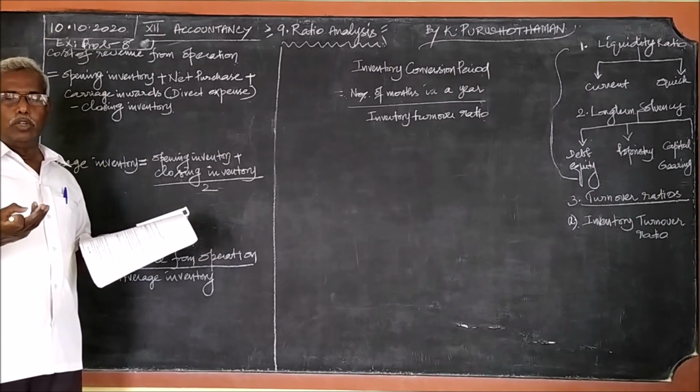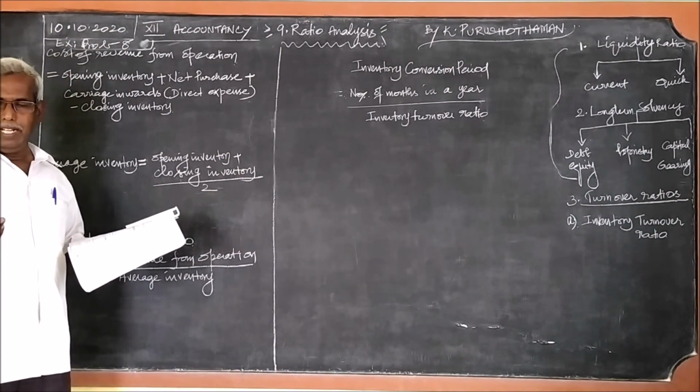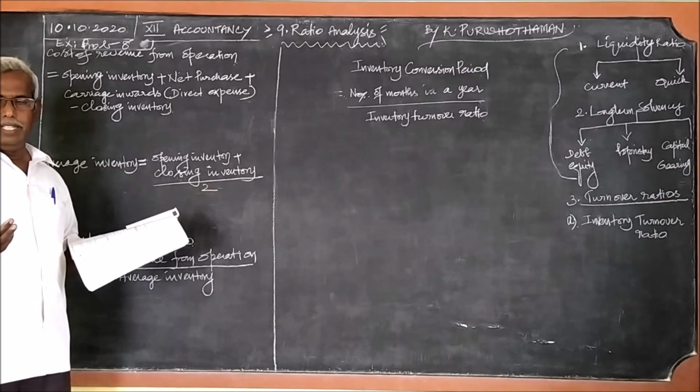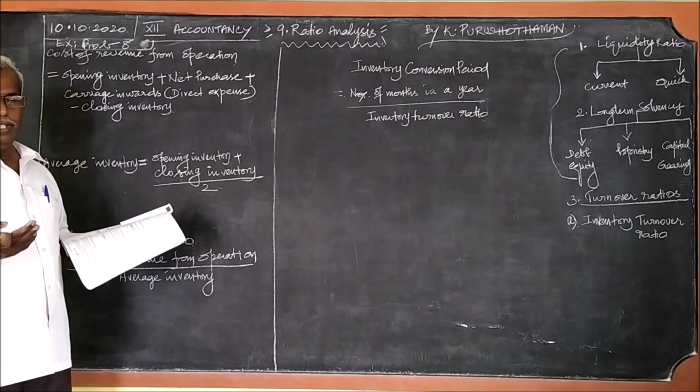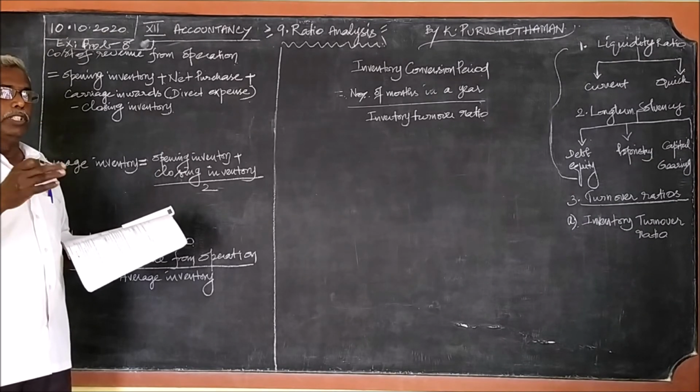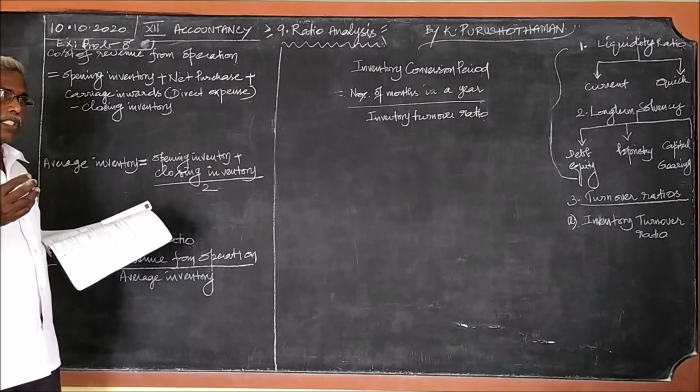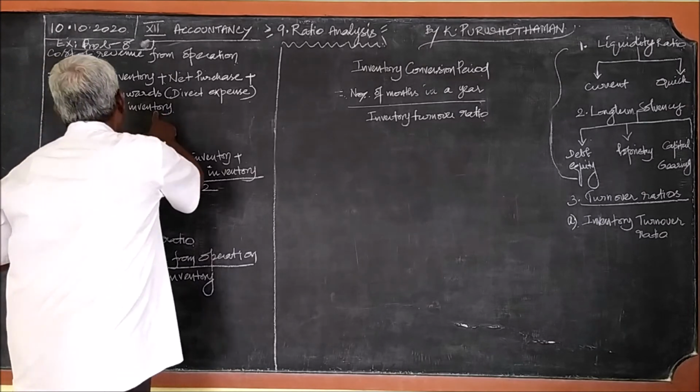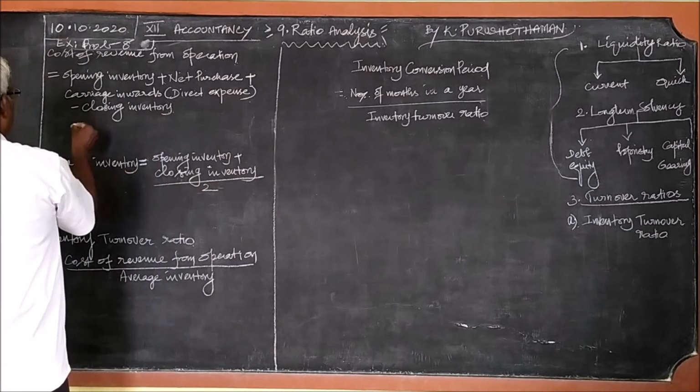You take the opening inventory, add the purchase, add the carriage inwards. These three items you add. From that total, you minus the closing inventory. This is the formula we have written.